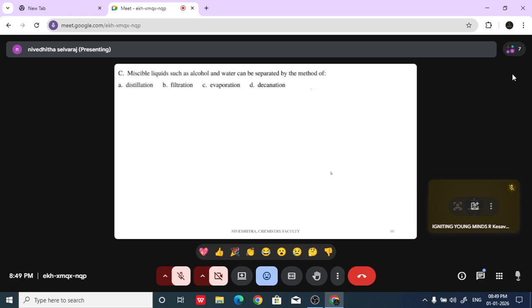When can we use filtration? This filtration method we use in our home also. For example, I have water in which I've mixed chalk powder. What can I do to separate this chalk powder from water? We can do filtration, right? When can we use evaporation?